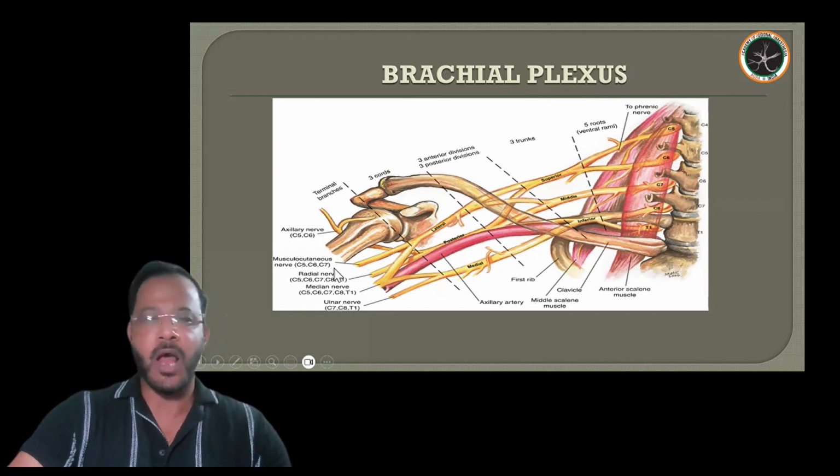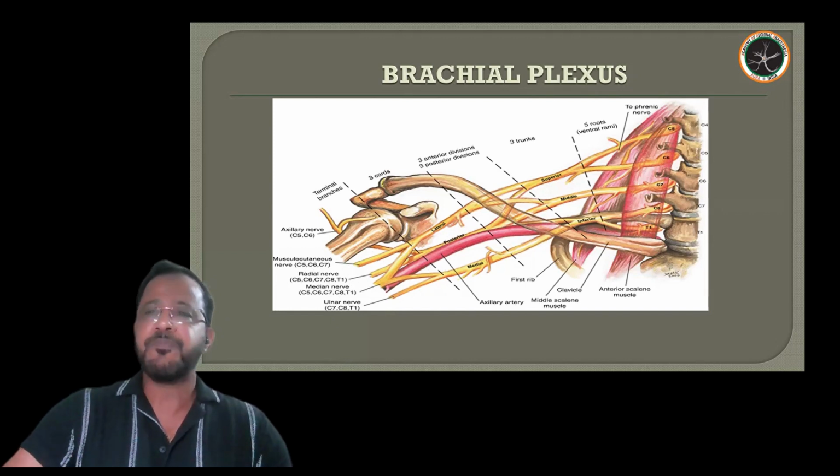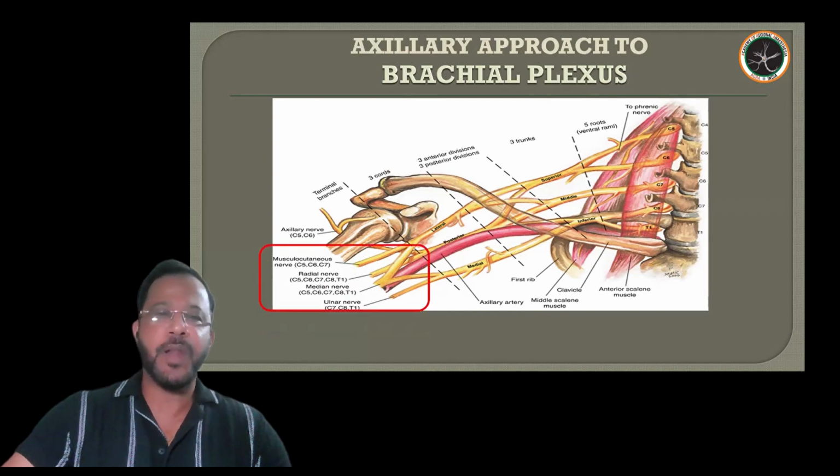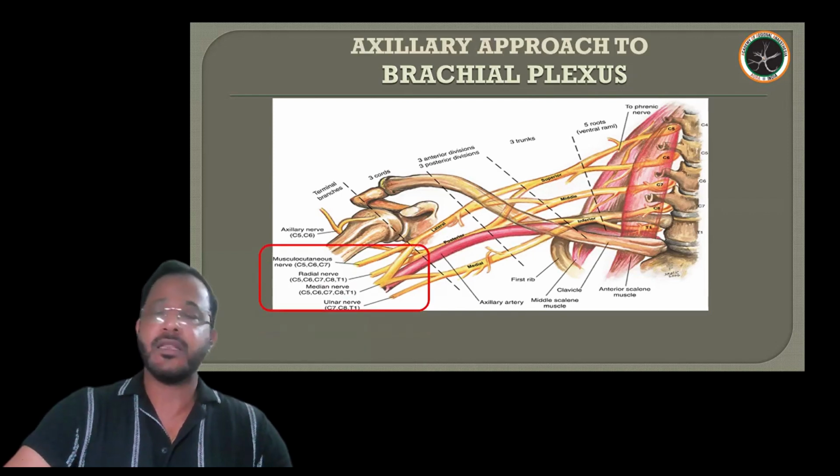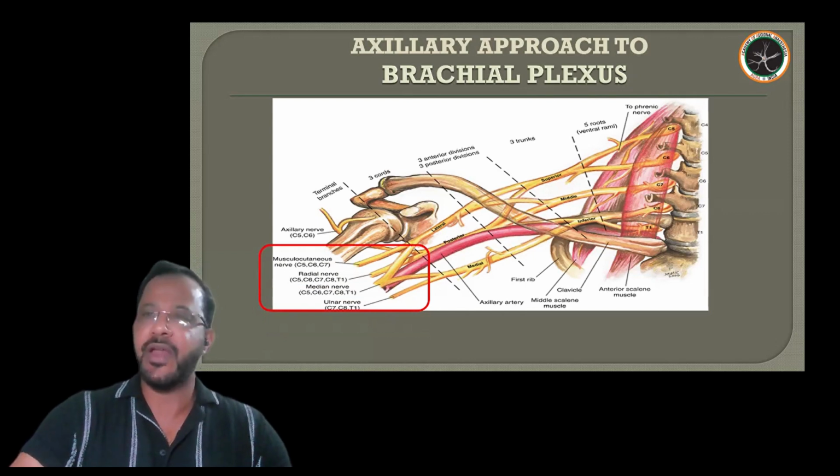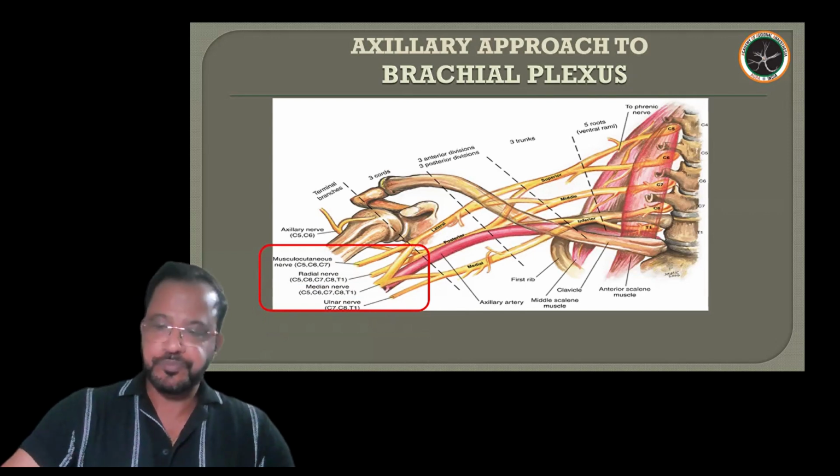Finally they go down and provide the dermatomal, myotomal, and osteotomal innervation to the entire arm. So the axillary approach to brachial plexus is the blockade of these four terminal branches, that is the musculocutaneous nerve, the radial nerve, the median nerve, and the ulnar nerve.